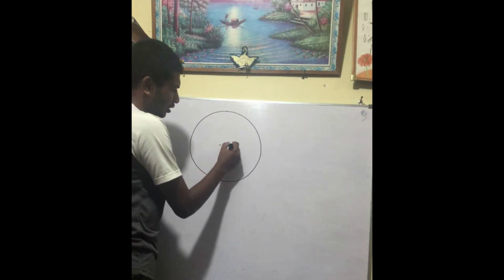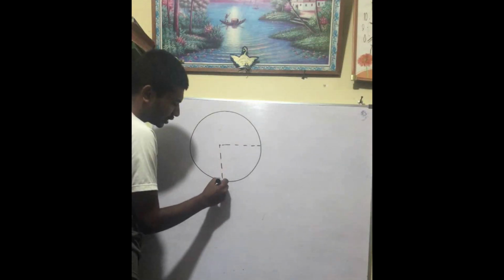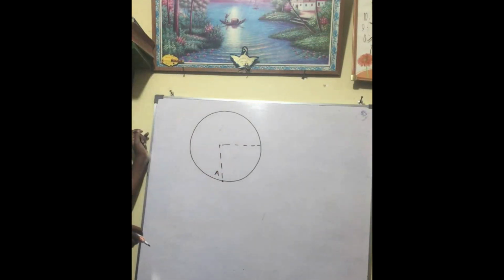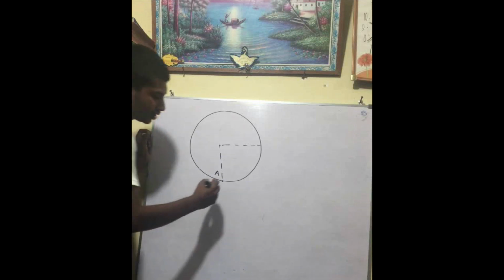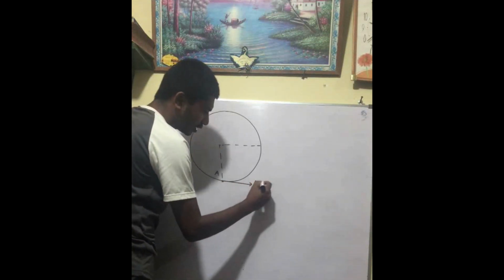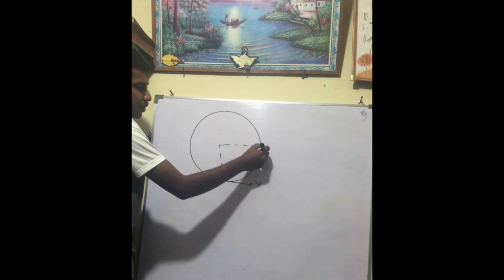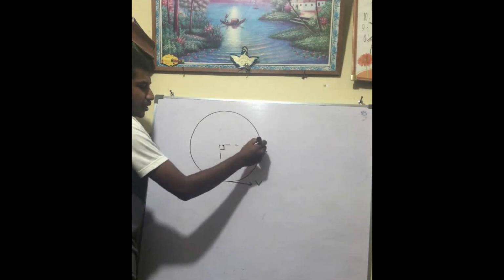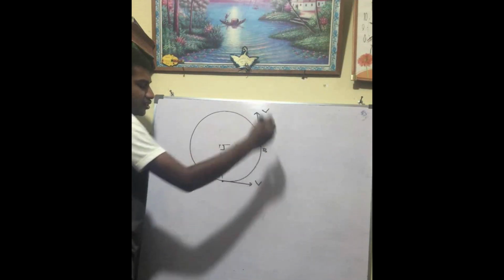So as they have said, it is initially at A, right? Traveling at a velocity of v, right? And it's coming to this point B, which is perpendicular, at a velocity of v, right?